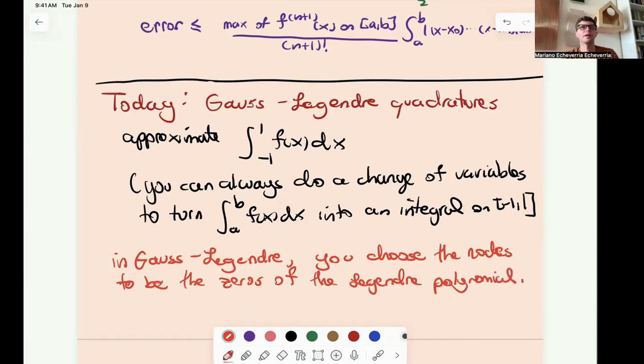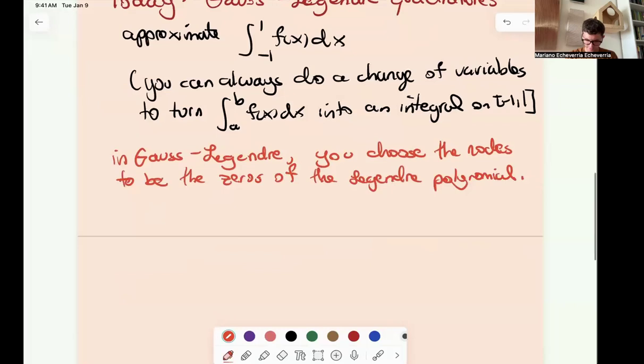Okay, so what I mean by that, just to remind you, are the first few Legendre polynomials we talked about. If you remember, the Legendre polynomials we had discussed.